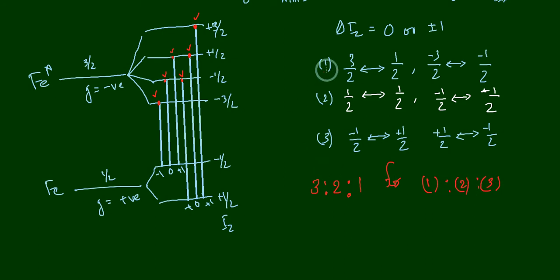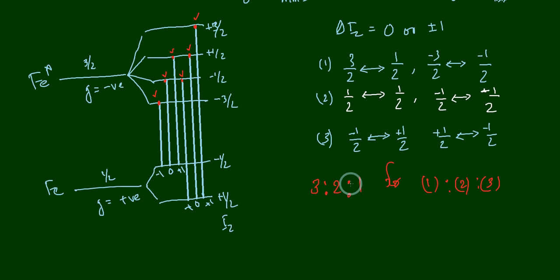Taking the relative probability of the pairs as a whole, the first pair has a probability 3 times that of the third pair, and the second pair has a probability 2 times that of the third pair.